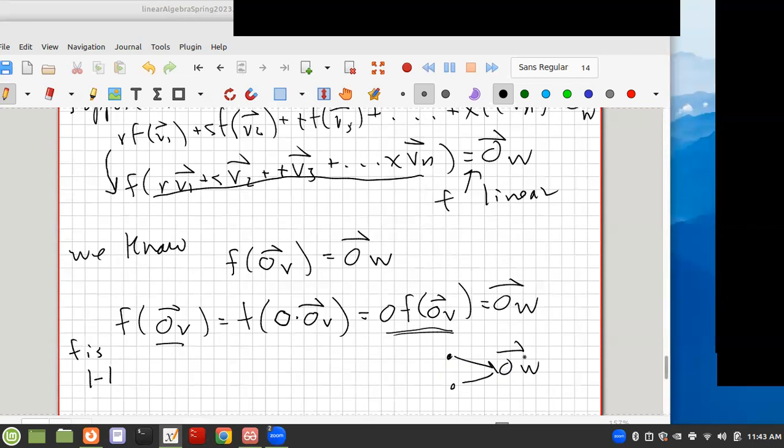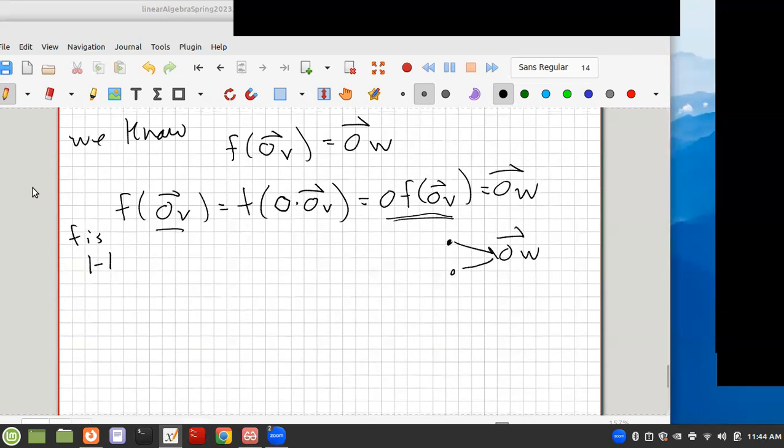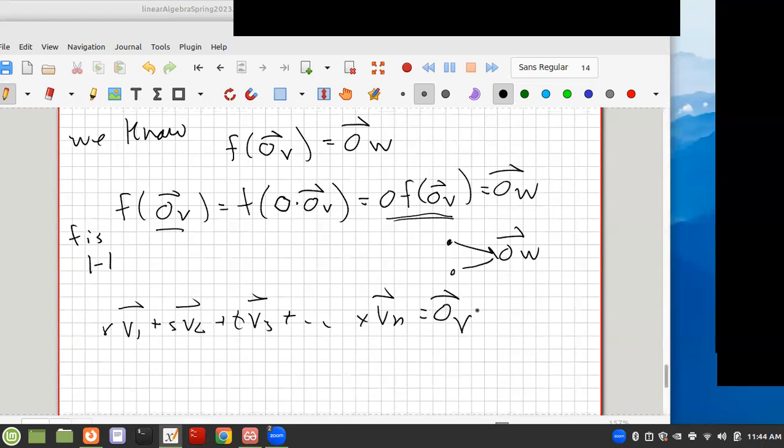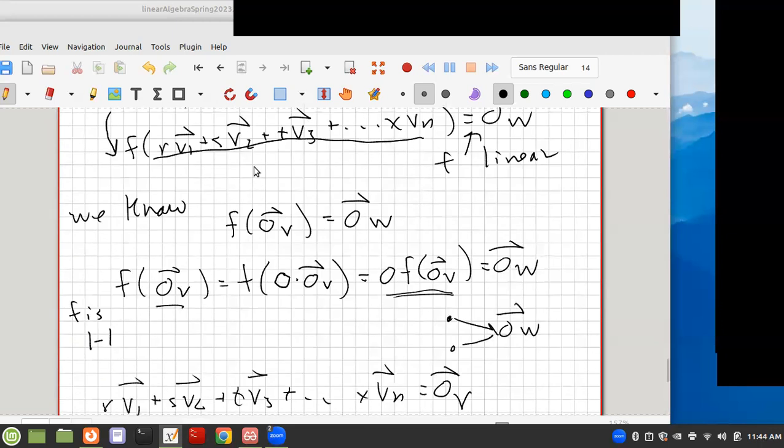In other words, if I choose two vectors V1 and V2 and their images are the same, which they are here, then they're really the same vector. So I know that R V1 plus S V2 plus T V3 plus X Vn equals the 0 vector in V.